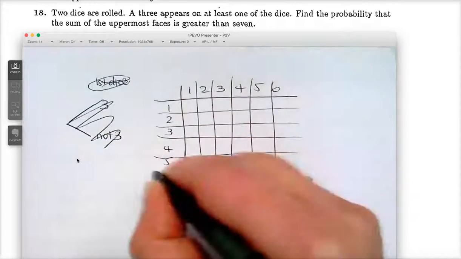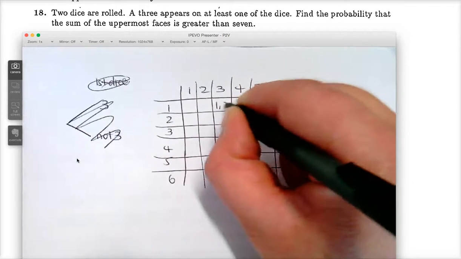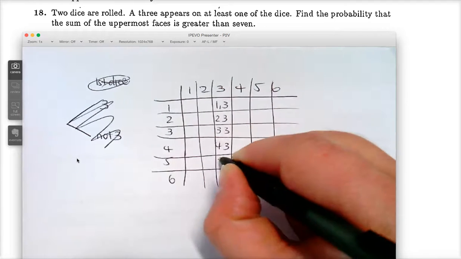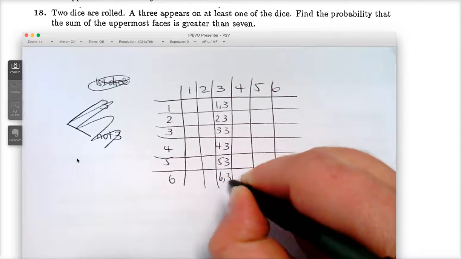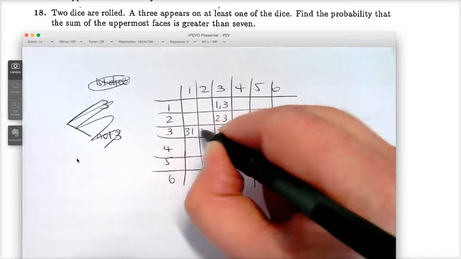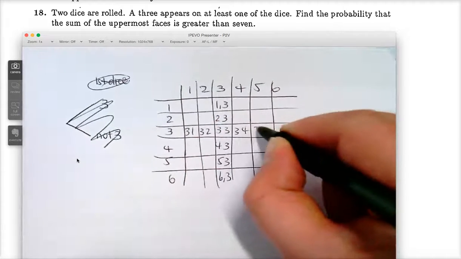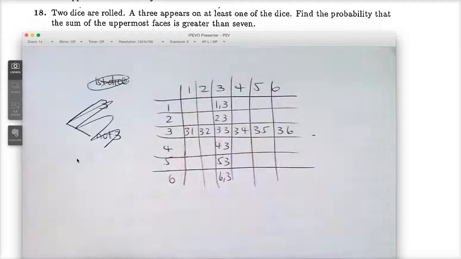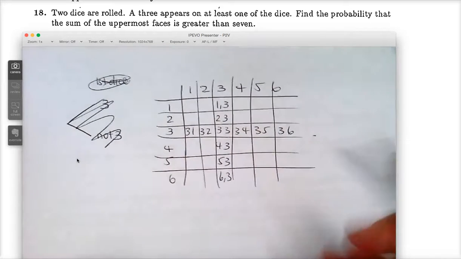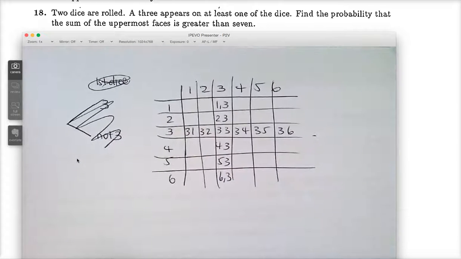Don't do the whole lot. What do you need? 1,3; 2,3; 3,3; 4,3; 5,3; 6,3. What else do you want? This row: 3,1; 3,2; 3,3; 3,4; 3,5; 3,6. I wouldn't do any more because you'll be there forever.